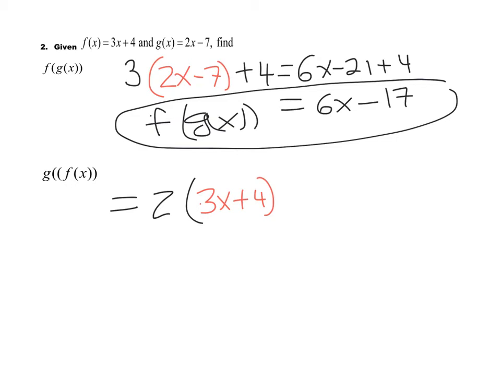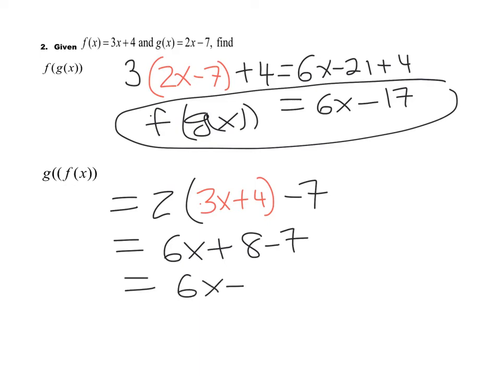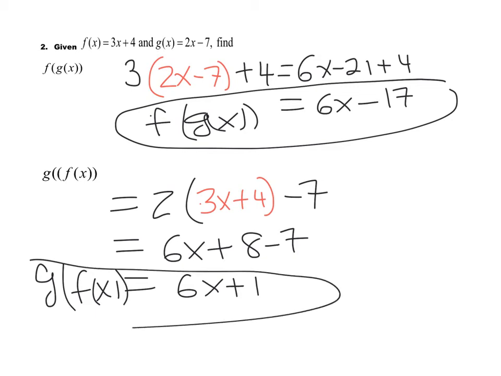So then I still need minus 7, so I get 6x plus 8 minus 7, so I get 6x plus 1, and this is g of f of x. It's good to keep writing that notation, that way you get familiar with it.